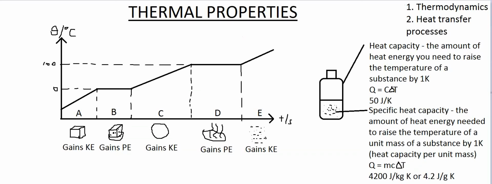Or, 500 grams is also 0.5 kg, so you can multiply 0.5 by 4200 to get the amount of joules needed to raise the temperature to 29 degrees Celsius.